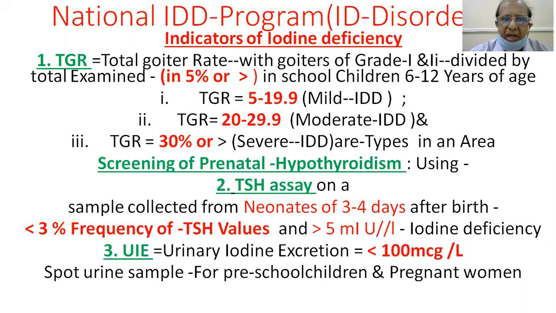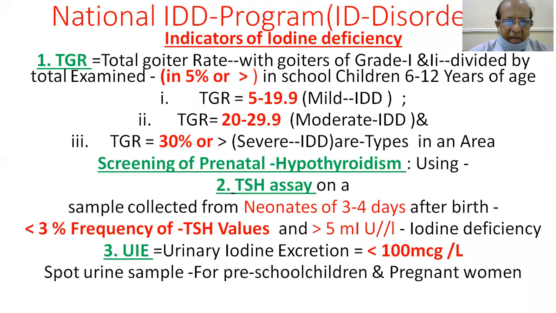Screening of prenatal hypothyroidism using TSH assay. If you want to screen for prenatal hypothyroidism, take the TSH assay on a sample collected from neonates 3 to 4 days after birth. If less than 3% of frequency of TSH values are more than 5 milliunits per liter, that indicates iodine deficiency.